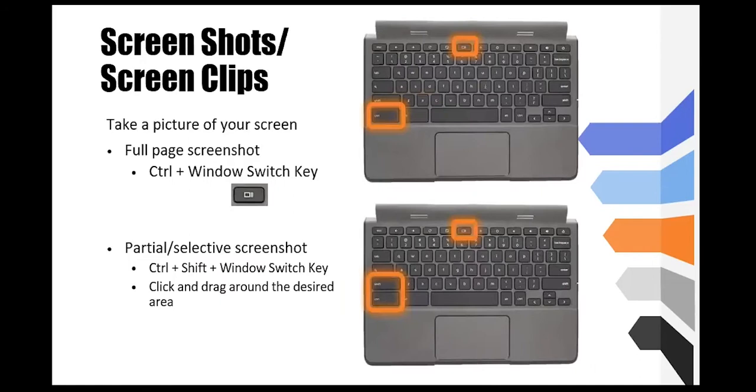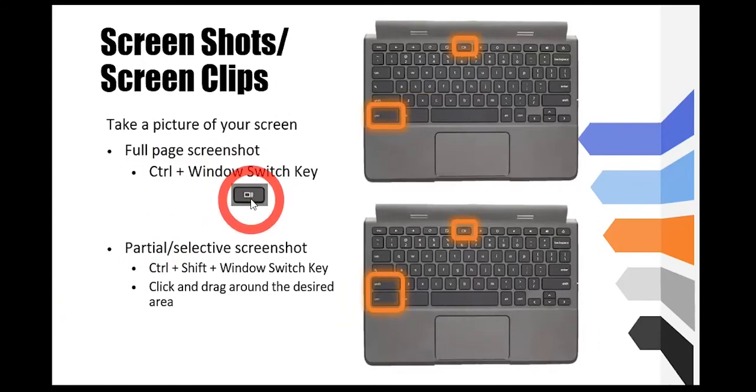The next trick are sometimes called screenshots or screen clips. And this is when you take a picture of your screen. And oftentimes kids will be asked to do this to show evidence of their work or share examples or pictures. And it's very convenient. So there's two different types of screenshots or screen clips. You can take a picture of the entire screen, and that's using the Control key and the window switch key.